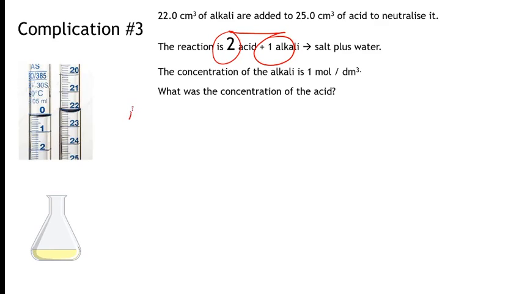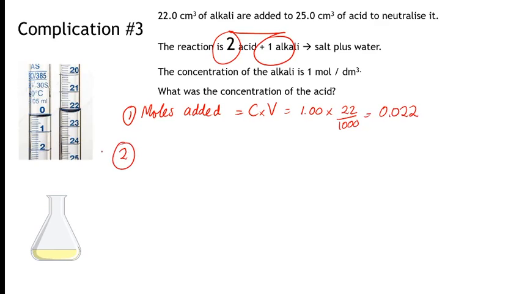Still the same basic step: we work out how many moles we've added from the burette, the known moles. So that's the concentration times the volume, which is 1.00, and the volume is 22 over 1000. So we still added the same number of moles of alkali.